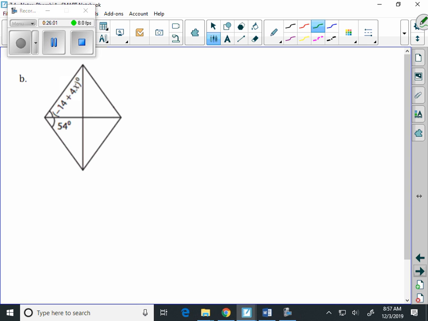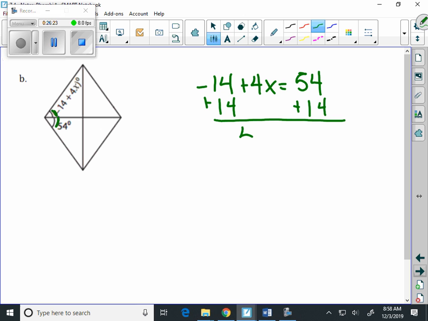And what we can see here, another thing that's a hint, is that there's one tick mark here, and there's one tick mark there, so we get negative 14 plus 4x equals 54. And when we solve, we can add 14 to both sides, so we get 4x equals 68, and divide both sides by 4. The 4 goes into 68 seventeen times, so x equals 17.